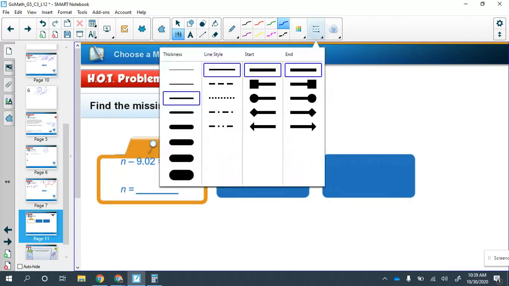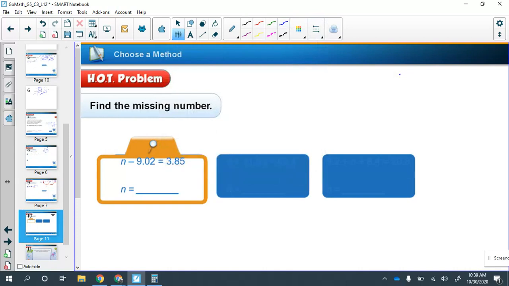Last set of problems that we're going to look at are these. Here they want us to find the missing number. So here we have n, which stands for number, minus 9 and 2 hundredths equals 3 and 85 hundredths. Well, if I subtract this from this, then if I add these two parts back together, it should give me my answer.